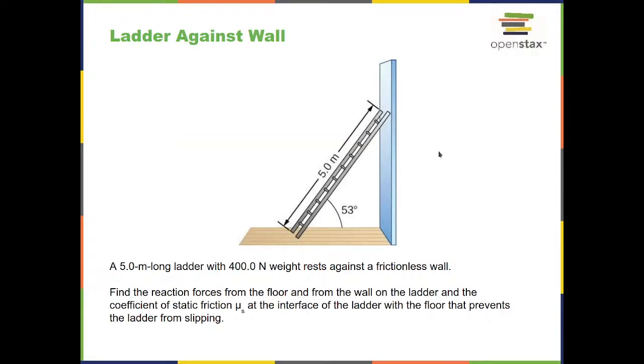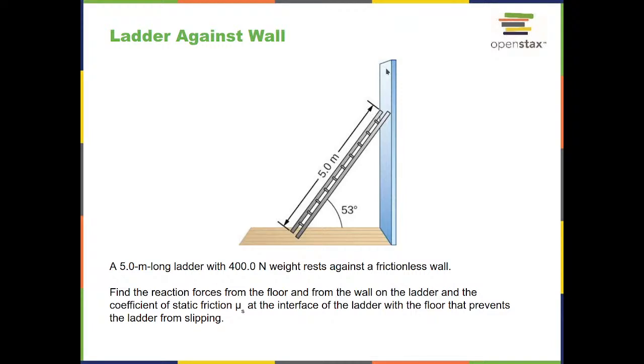Okay, so if we have a ladder that's standing against a wall, one of the things we might wonder about, especially if you're going to climb up on this ladder, is whether there's enough friction to prevent the ladder from slipping. So let's say we have a ladder that's 5 meters long and it's at an angle of 53 degrees, probably a little small for climbing on the ladder, but let's go with it.